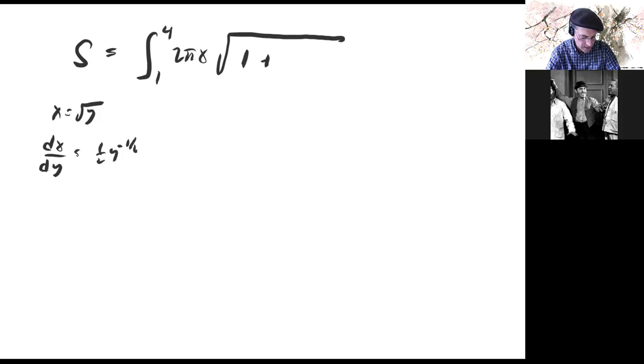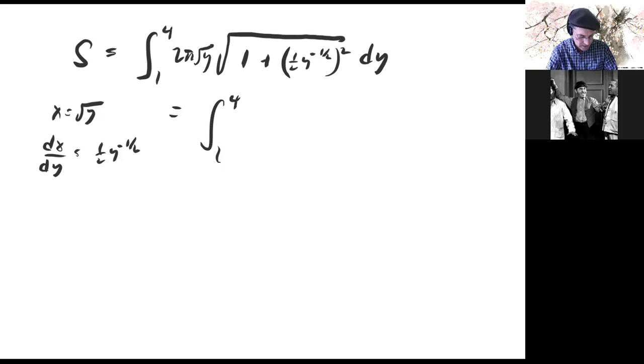So we're going to get (1/2 y to the minus 1/2) squared, and then a dy. And x here, by the way, has to be written in terms of y, so it's the square root of y. So this integral becomes the integral from 1 to 4. I'm going to bring the y into the square root. So it becomes y times 1, and then y times this expression will give you a 1/4, dy.